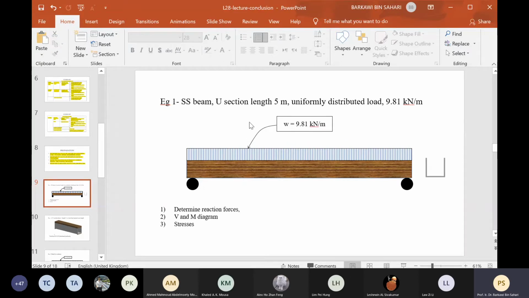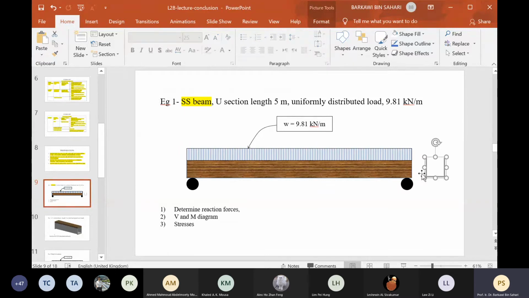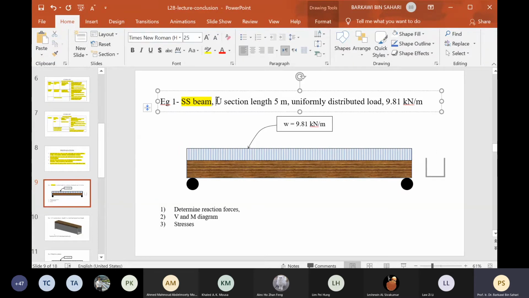Okay, this example 1 is what you have in your exercise. What we do in example 1, we give you the beam. What type of beam? Simply supported beam. Whatever shape, it could be U shape, I shape, and so on. The type of section matters because I values depend on the type. The physical length, 5 meters for example, and the type of load: point load, distributed load, and so on. For this one it is distributed load.